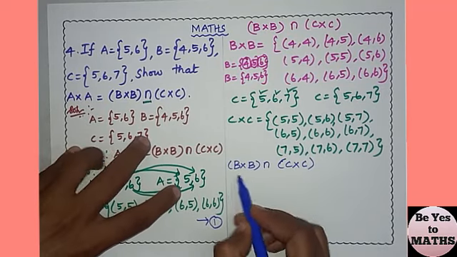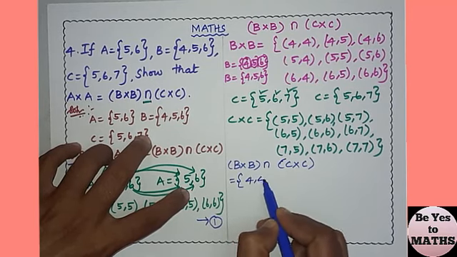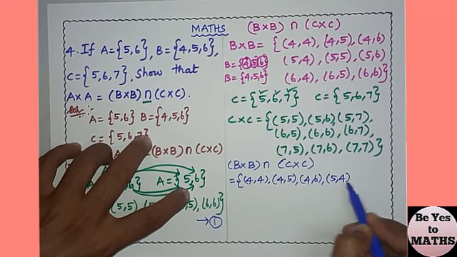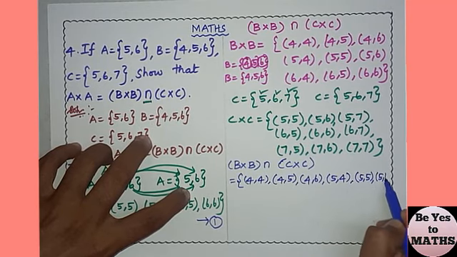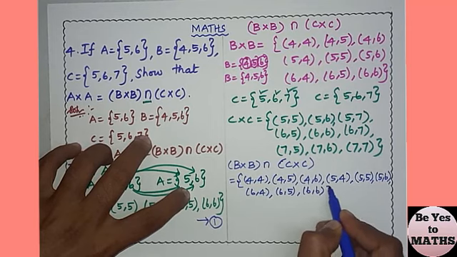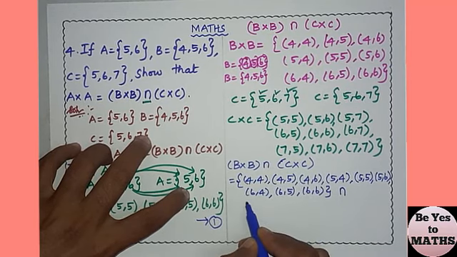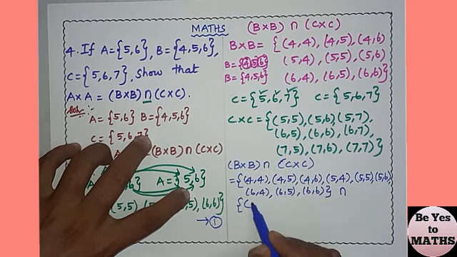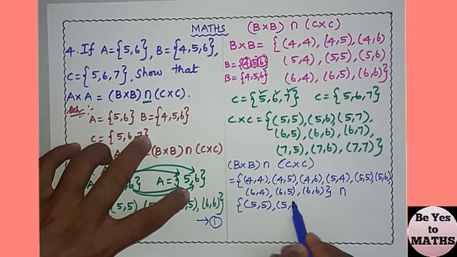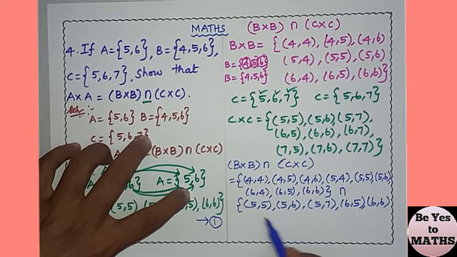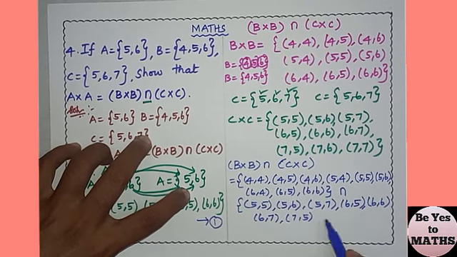So B cross B is (4,4), (4,5), (4,6), (5,4), (5,5), (5,6), (6,4), (6,5), (6,6) intersection C cross C. C cross C is this one: (5,5), (5,6), (5,7), (6,5), (6,6), (6,7), (7,5), (7,6), (7,7).